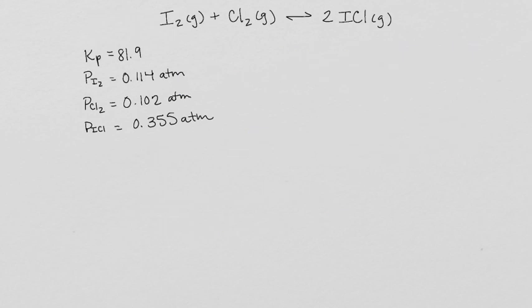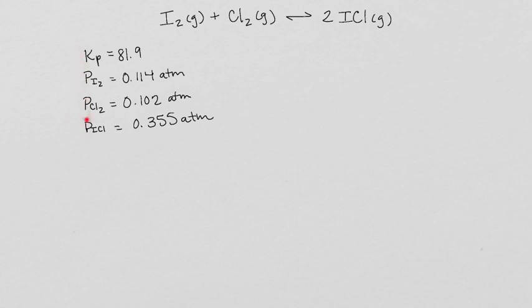So let's do another practice problem. In this reaction, we've got iodine gas and chlorine gas reacting to form iodine chloride gas, 2 moles of this. I've given the equilibrium in pressure.